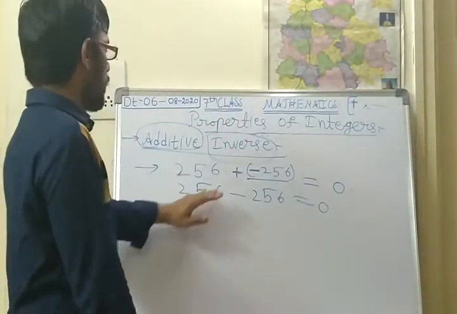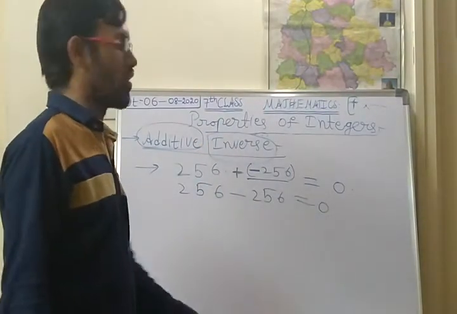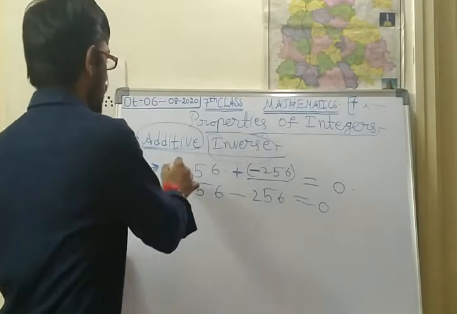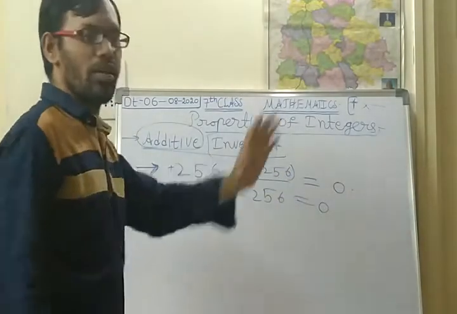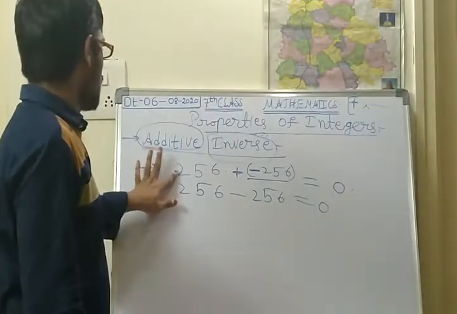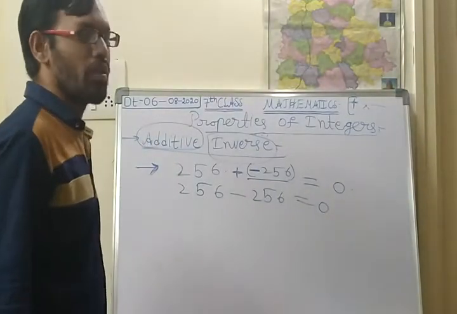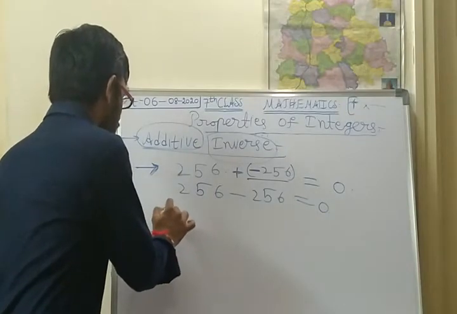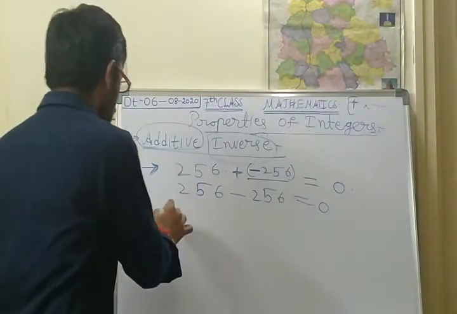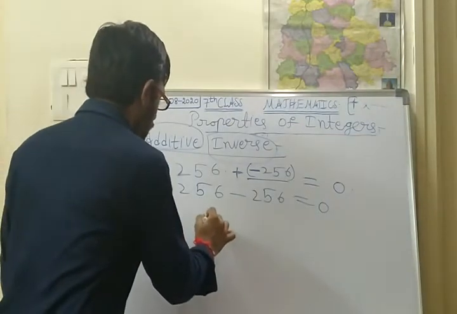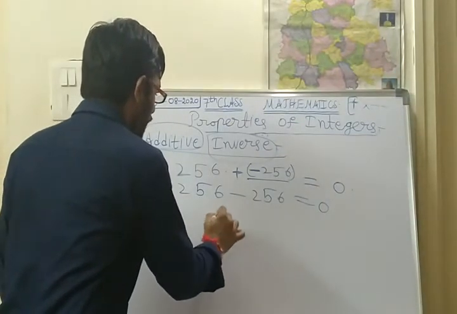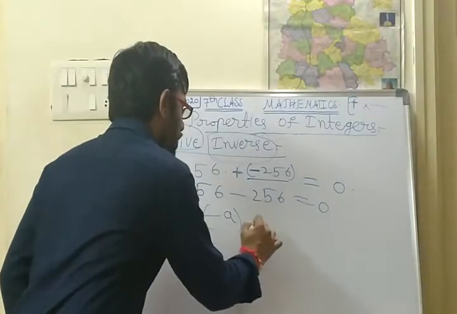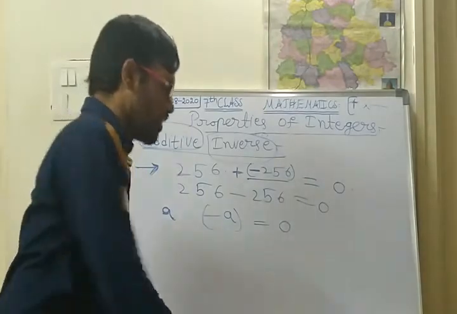Like this, 0 will be coming. This is about the additive inverse. Finally, as a statement we can say: if there is any integer a, then for that integer there should be a negative integer, so that the result becomes 0.